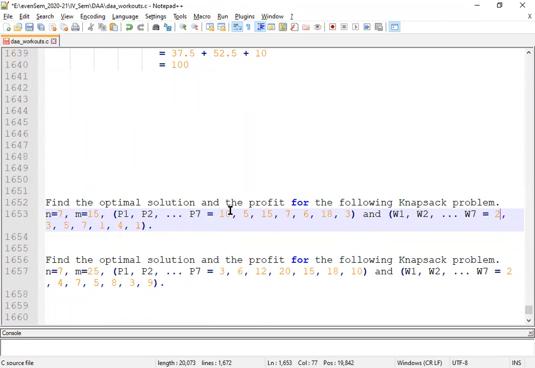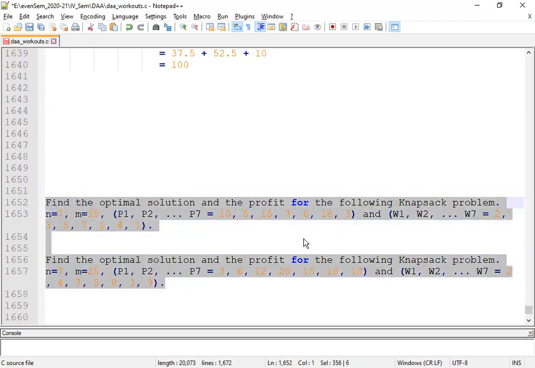So first calculate in these two examples. In both the examples, the inputs are given directly. First, you need to calculate the profit per weight ratios. Rearrange them in descending order so that the most profitable objects are chosen first. Then initialize the solution vector.